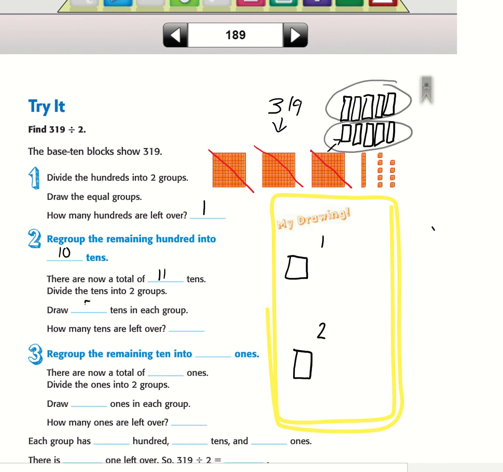So I can draw 5 tens in each group. 1, 2, 3, 4, 5. 1, 2, 3, 4, 5. And how many tens are left over? Well, I did 5 in one group, I did 5 in the other group. I still have 1 ten left over.